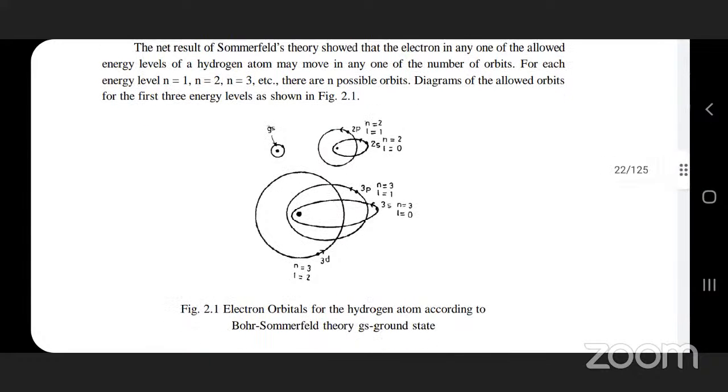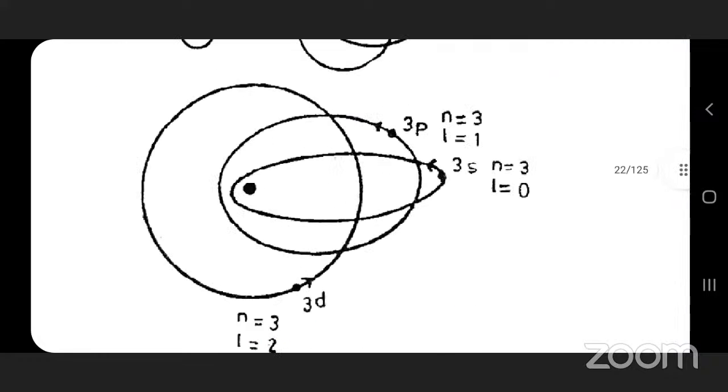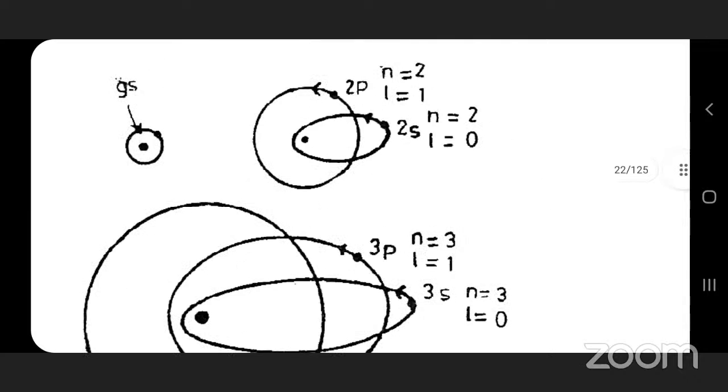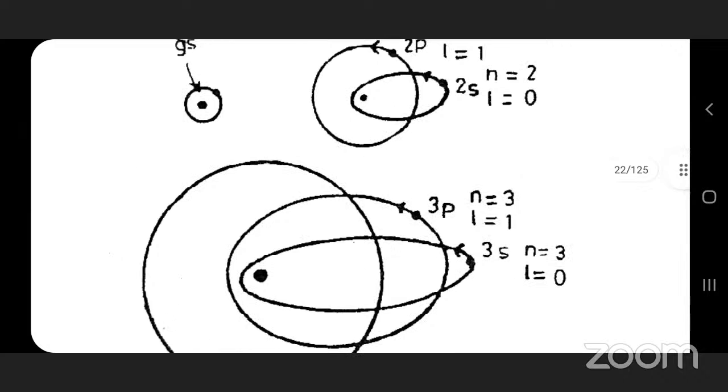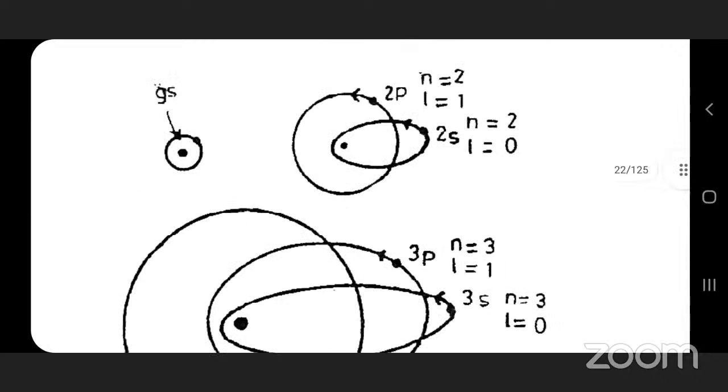You can see here, I'm zooming. If n equals 1, the orbit is circular. If n equals 2 and L equals 1, and also if n equals 2 and L equals 0, there you can observe an elliptical orbit as well as a circular orbit.